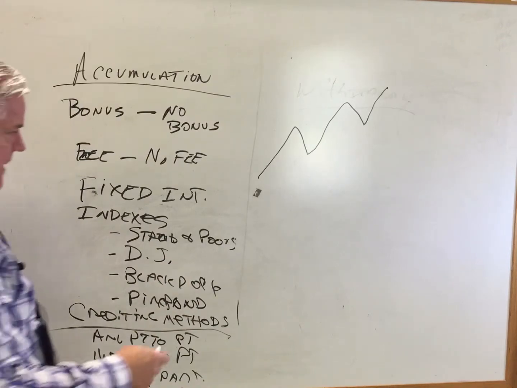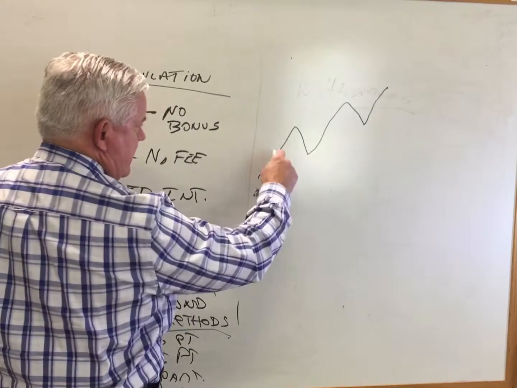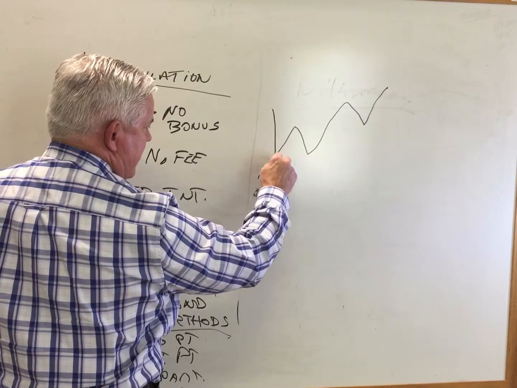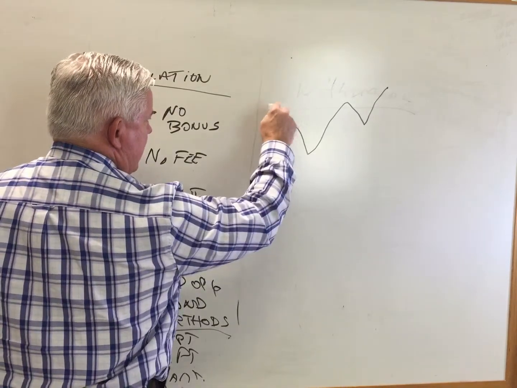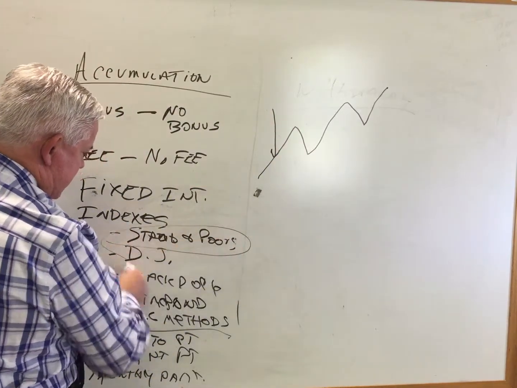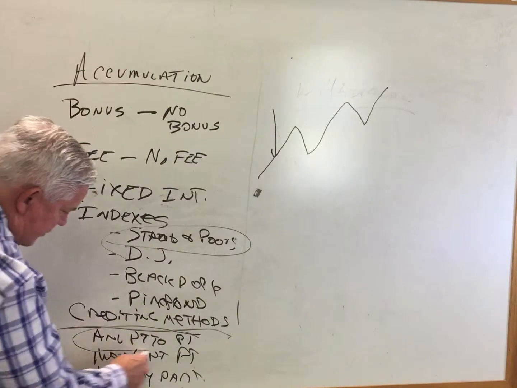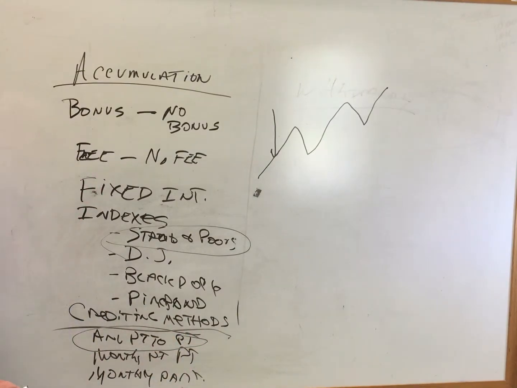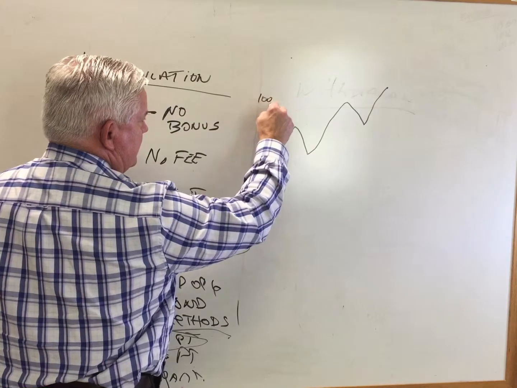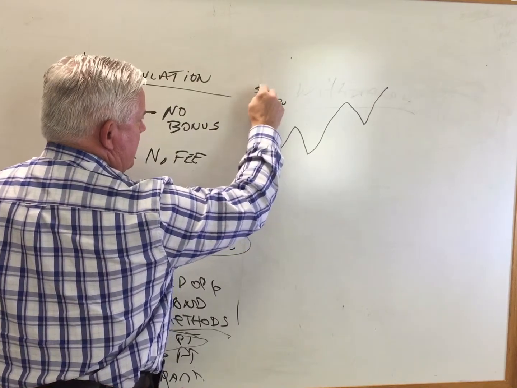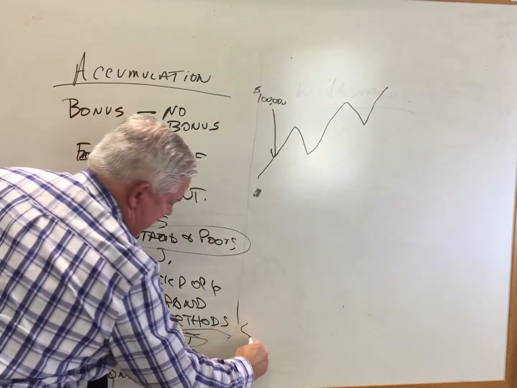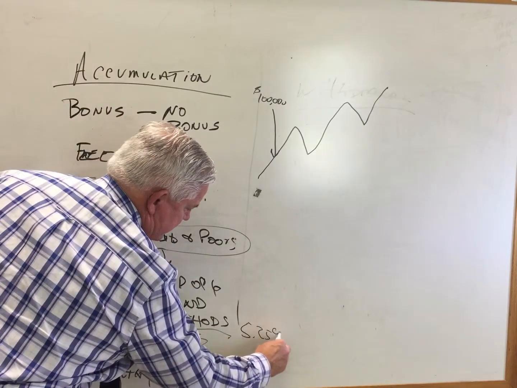For instance, if you do an annual point to point, say someone buys an annuity right here at this day, and you put it all in the Standard & Poor's index, and you do an annual point to point crediting method. The money goes in right here, $100,000. The annual point-to-point cap might be 5.25%.